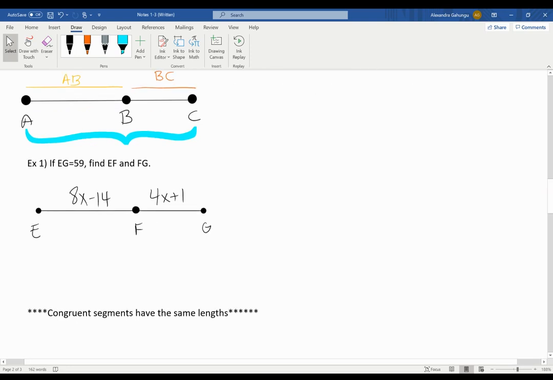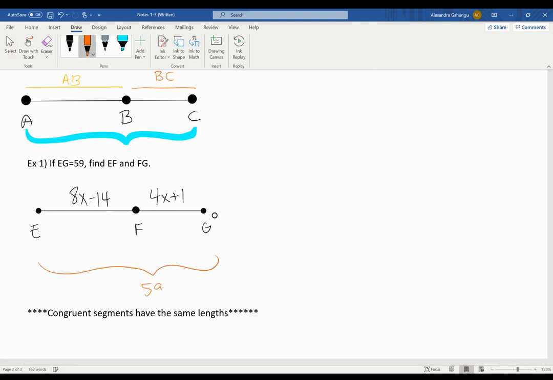So if I have segment EG, and we're saying that EG is 59 units, I need to find the two parts, EF and FG. Using the segment addition postulate, I know that EF plus FG should equal the whole segment EG.